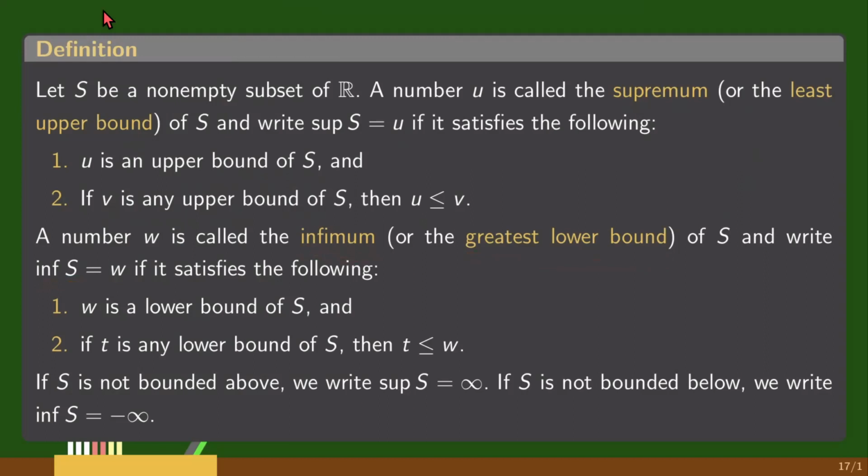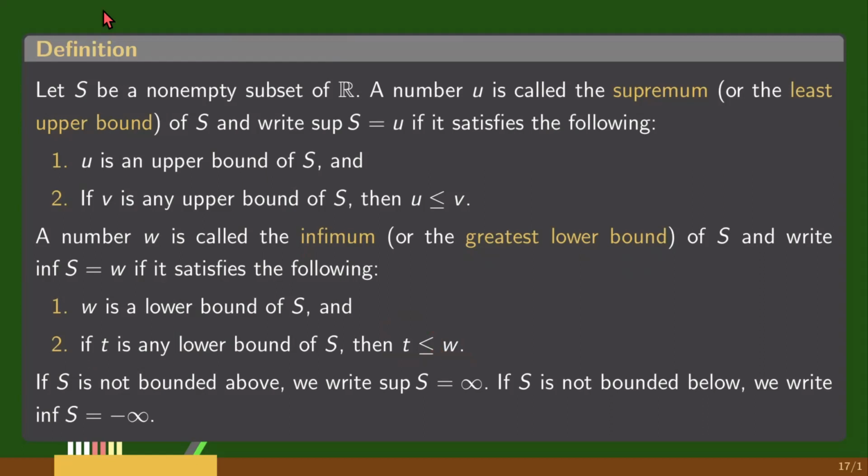What makes W the greatest among the lower bounds? Ayun yung tanong ko. Ano mo nasabing siya yung greatest? Kasi kapag kumuha ka ng any other lower bound T, anong relationship niya sa W? Dapat si W dominates any other lower bound.